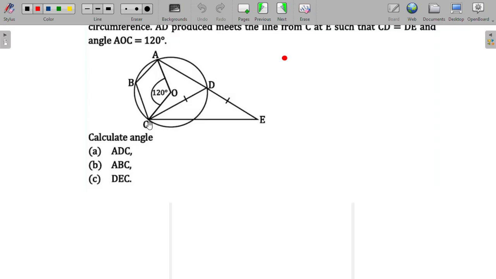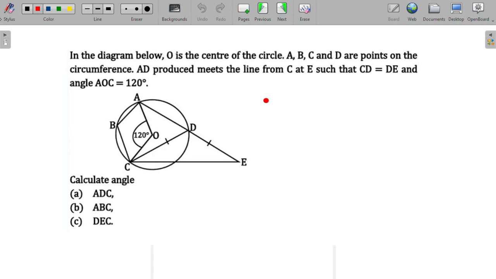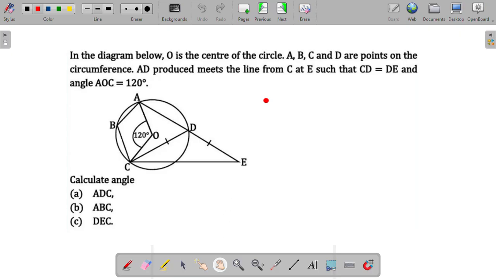So here's the question that came in one of the papers. I want you to pay extra attention as we are going to solve this question together. The question reads: in the diagram below, O is the center of the circle. A, B, C, and D are points on the circumference.